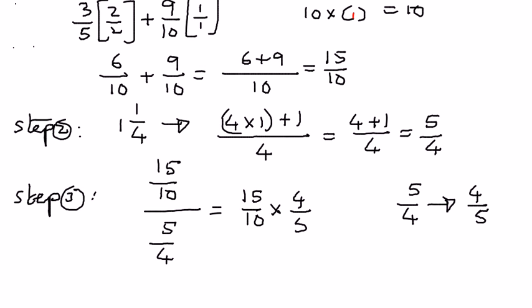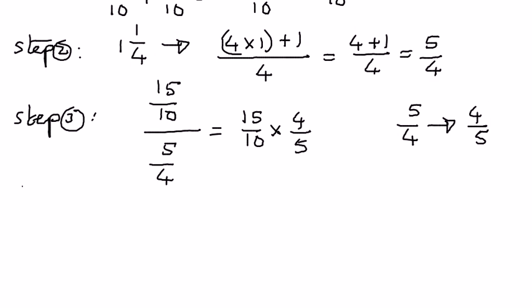Now it is a matter of simplifying some more. We multiply the numerators, which is 15 times 4, divided by 10 times 5. So now we are ready to simplify. If we see numbers in the numerator and numbers in the denominator which are multiples of one another, we can reduce them further.